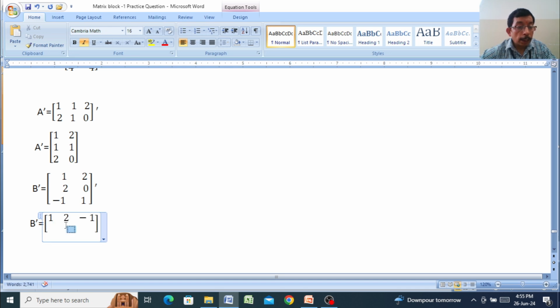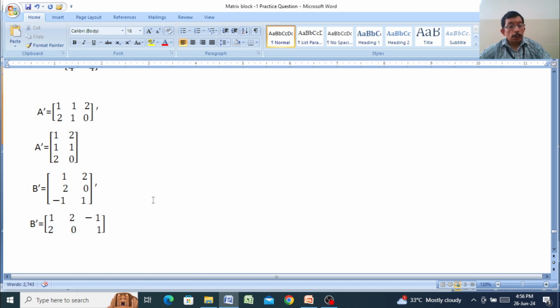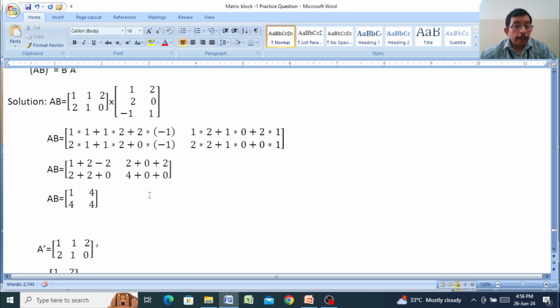Similarly, the second column element interchange into second row: 2, 0, 1. This is the transpose of B. It is clear. Now we take left hand side and right hand side.